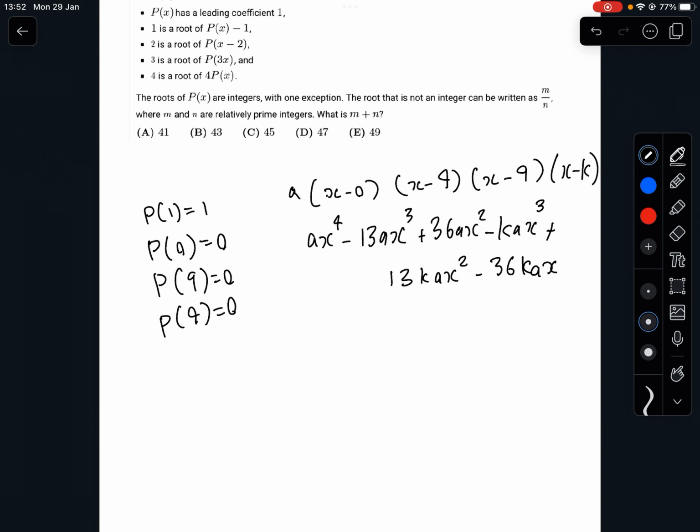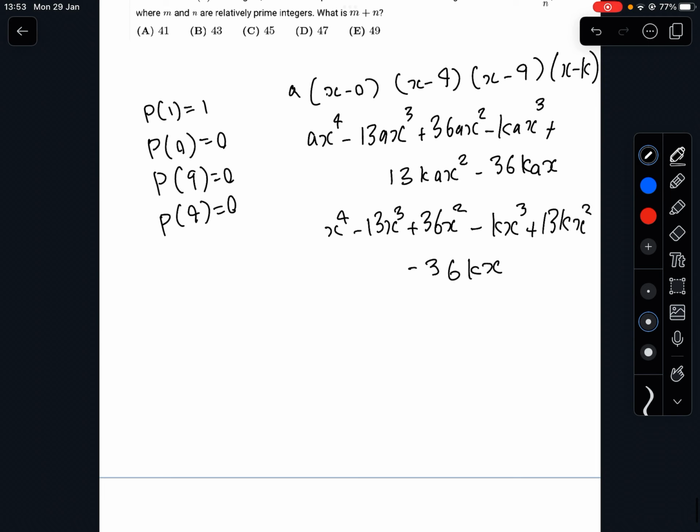Let's divide the equation by a again, so we have x to the fourth minus 13x cubed plus 36x squared minus kx cubed plus 13kx squared minus 36kx. Now let's check that the coefficients sum to 1. So we have 1 minus 13 plus 36, minus k plus 13k minus 36k, and this should equal 1.